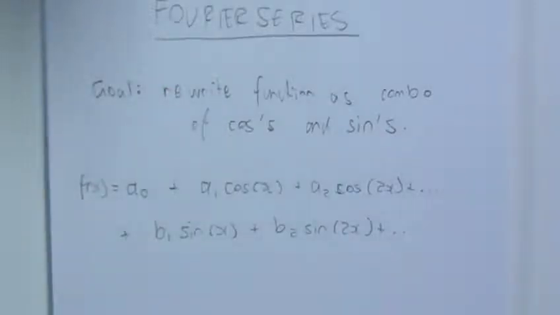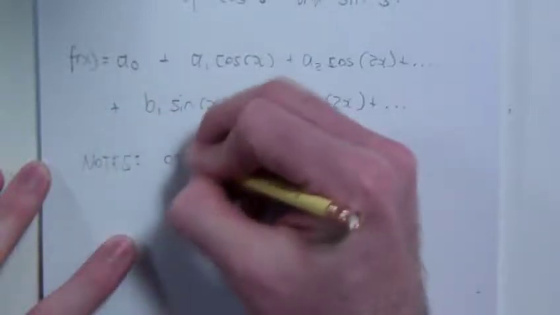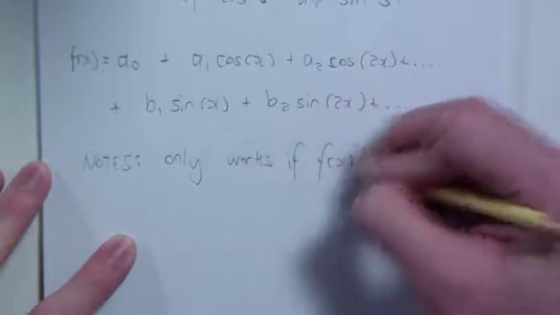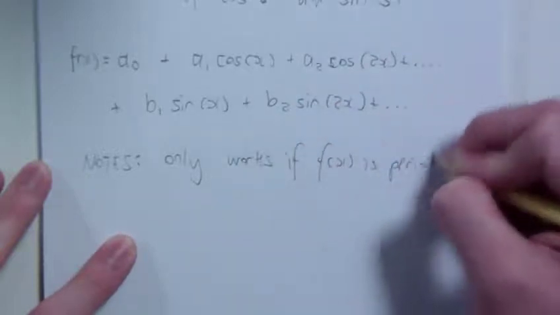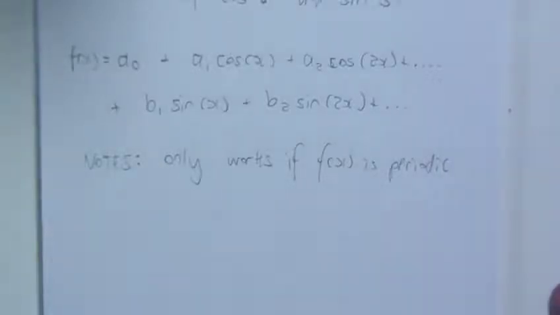Okay. However, there's a few caveats. It's only going to work if your function's periodic, because cos and sine are periodic. And it won't be cos of x and cos of 2x and cos of 3x if your function doesn't have the right period.